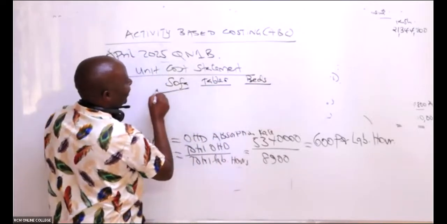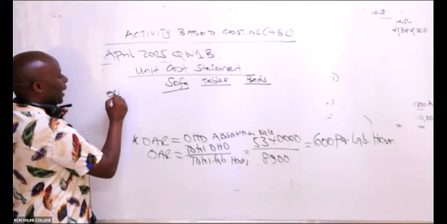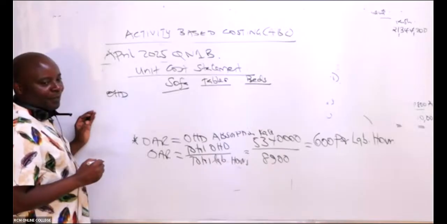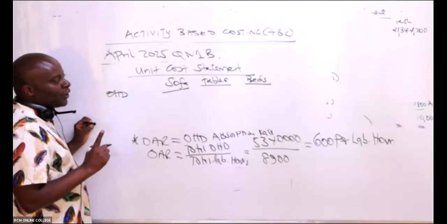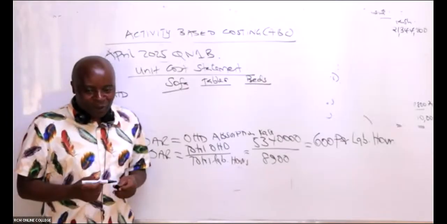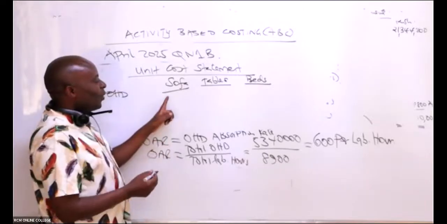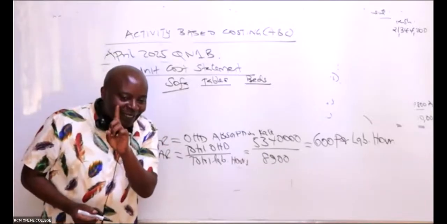Great. So we start here with the overhead for each unit, for each sofa set. Remember, we are absorbing this overhead using labor hours. So we take the labor hours needed to make one sofa.